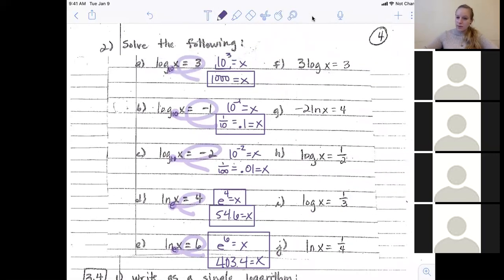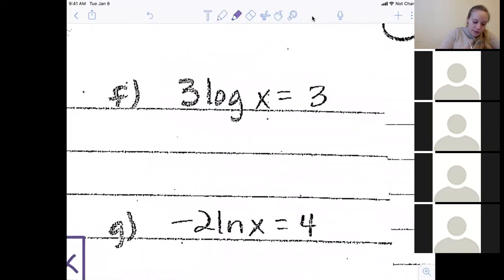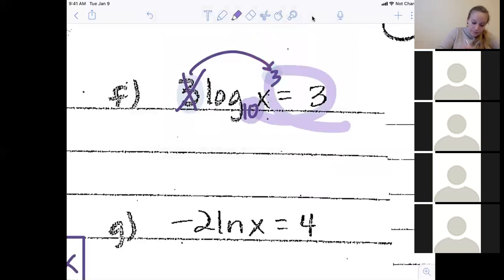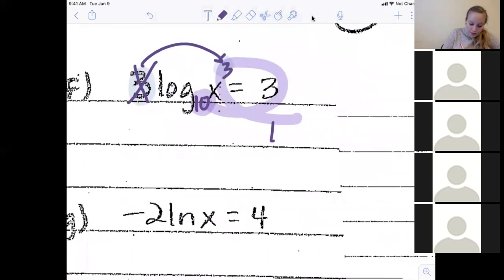All right, we're going to look at the next one. So let's start solving that. It looks like I've got something different here. I've got an exponent. So let's look at what that means. The 3 out front means that my exponent goes to the x. There's no log, or there's no base, excuse me, so we assume that that's base 10. So as I log roll, let's see what happens. I've got 10 to the third equals x to the third.